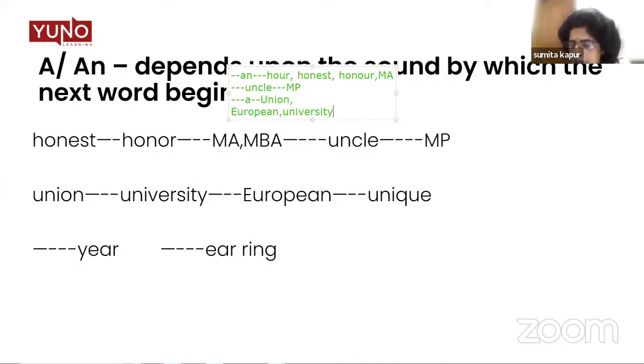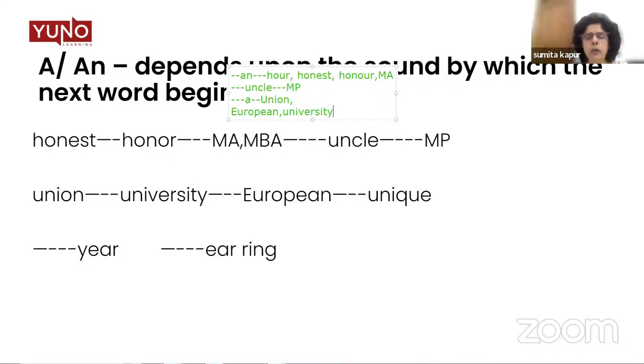Guys, am I clear till here? Please tell me yes or no so that we can continue. So we talked about a list of words which have vowel sound but no spelling, and a list of words which have vowel spelling but no sound.